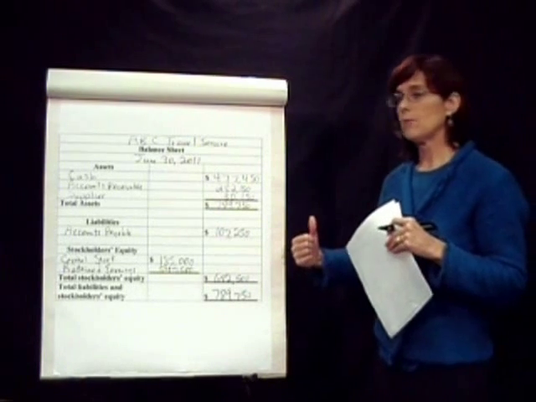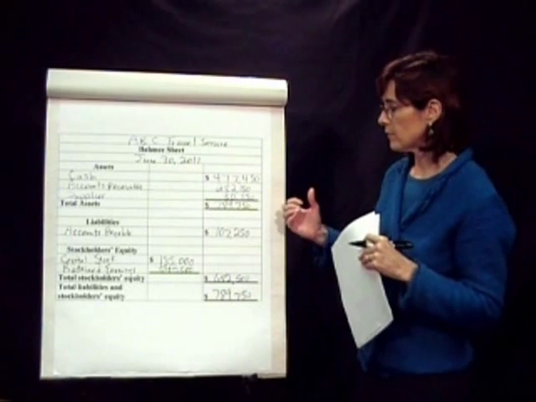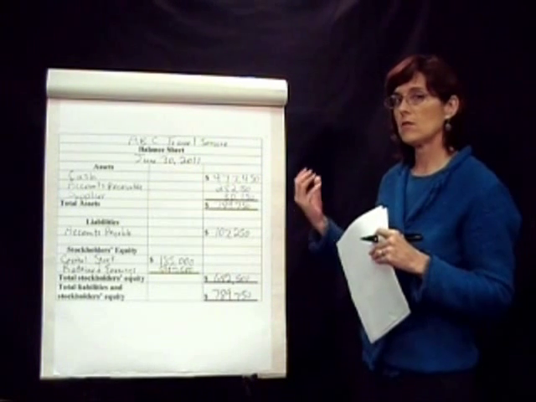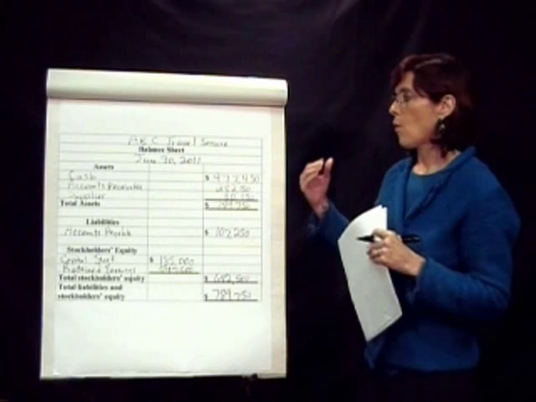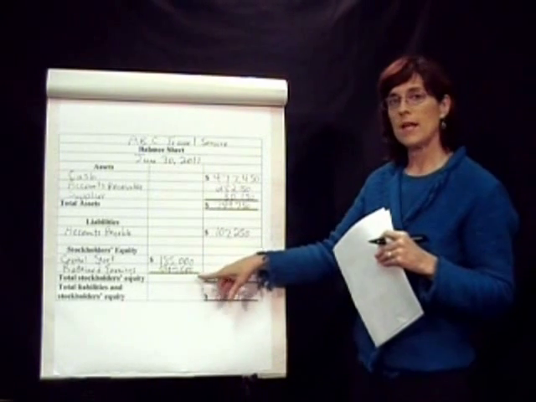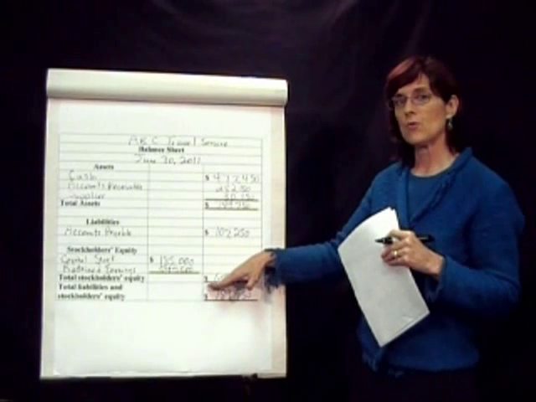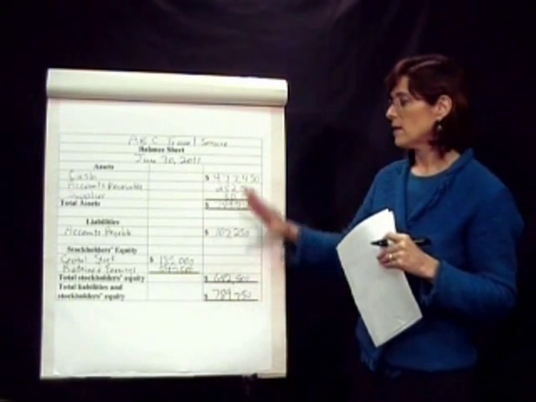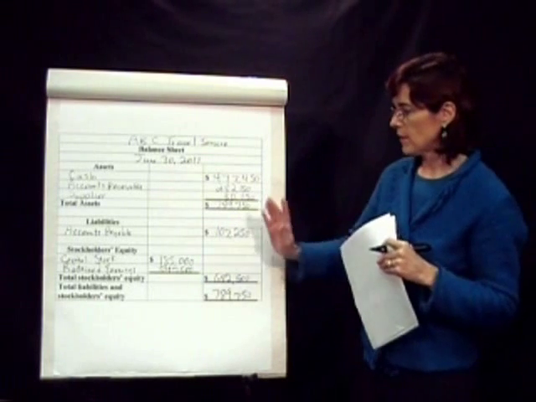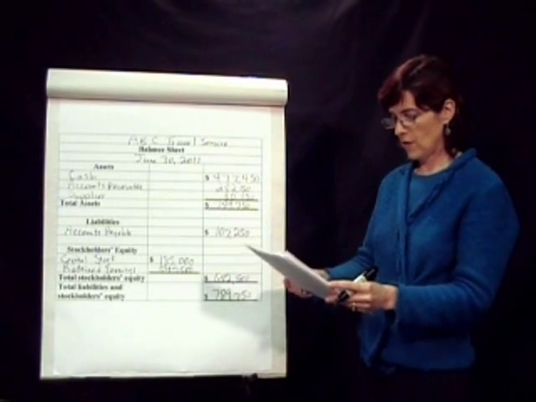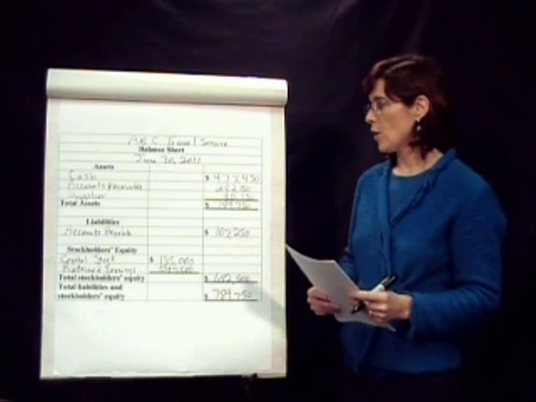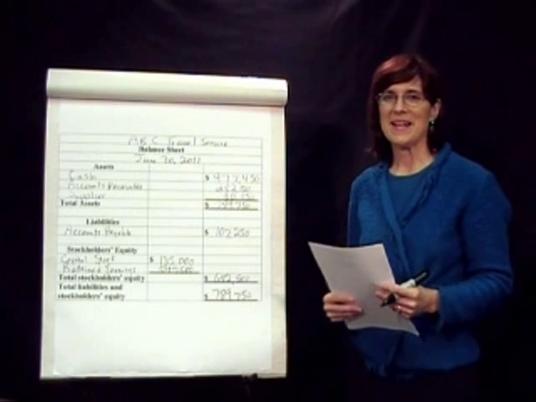Some of the things I've noticed that people can get wrong in this process is either they've misclassified one of the accounts and didn't get it on the right statement, and maybe even a more common thing is forgetting that the statements are prepared in a certain order, and each statement after the income statement has a number that's being followed down, that you have to follow all the way through the process. And I hope this really helps you to prepare your financial statements.